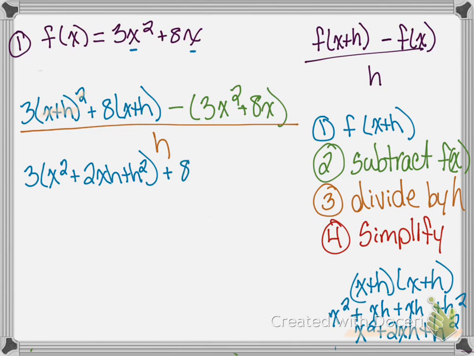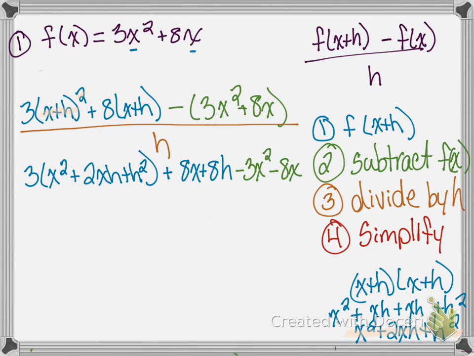So I'm going to do 8x plus 8h. So I have distributed my 8. I still have some more simplifying that I've got to do with the trinomial, but I went ahead and distributed that. Now I am subtracting my original f of x. So I have minus 3x squared minus 8x.